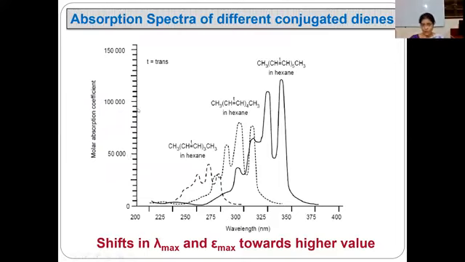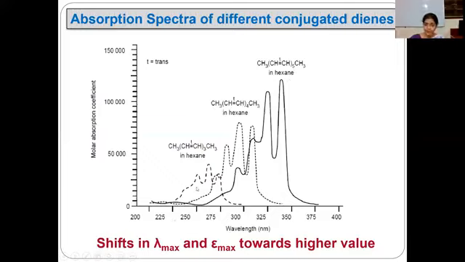This graph shows a comparison between different compounds. These are the absorption spectra of 3 compounds. The first compound has 3 conjugated double bonds, the next has 4 conjugated double bonds, and this spectrum is of a compound in which 5 double bonds are conjugated.